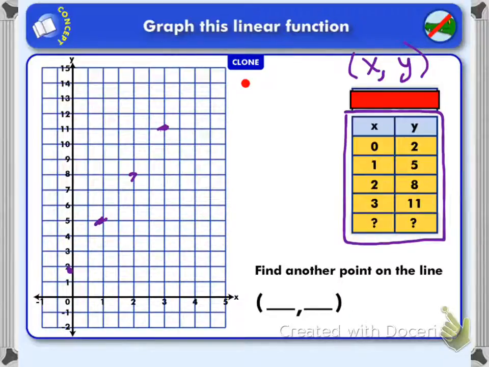is look at what is my difference between my y values. And if that difference is the same, which in this case it happens to be 3 for each one of these, then all I'm going to do is take y equals 3x.